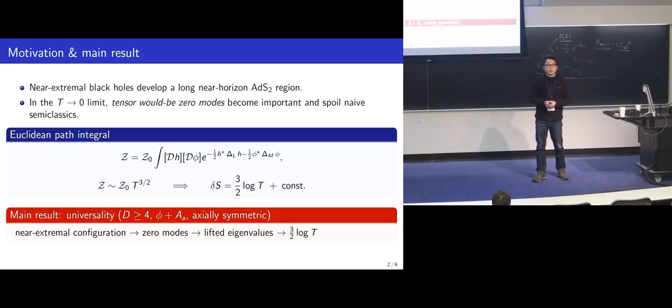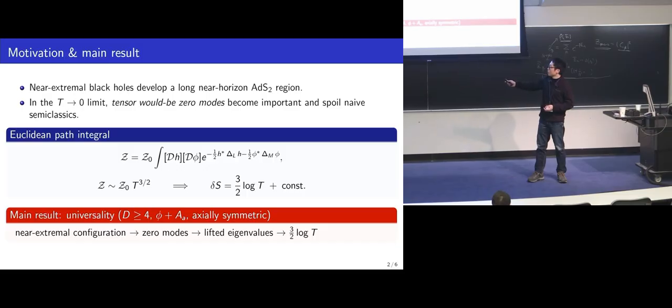Our setup is a gravitational theory in d greater or equal to 4. For the matter sector, we have any number of uncharged scalars and abelian gauge fields, and the scalar can have an arbitrary scalar potential, so it can include a cosmological constant. We consider the axially symmetric case, so the black hole can rotate.